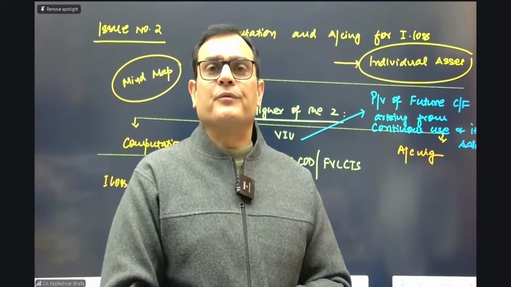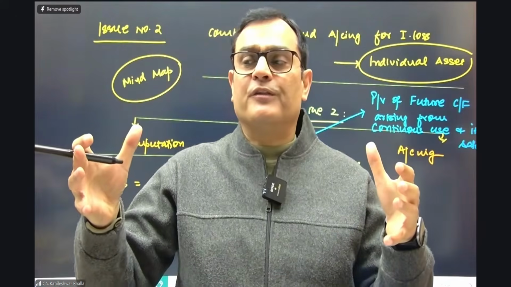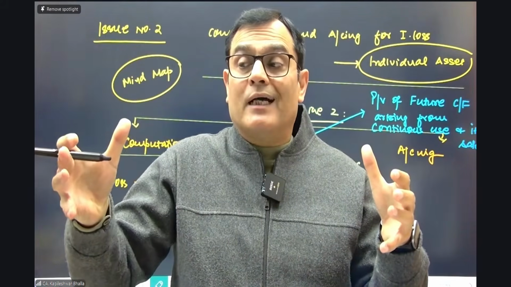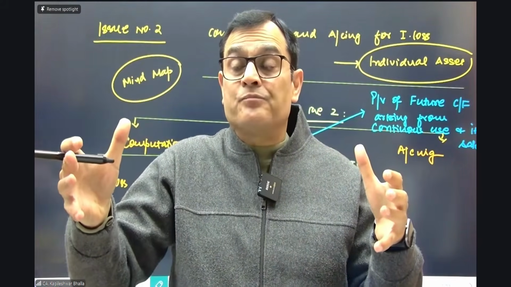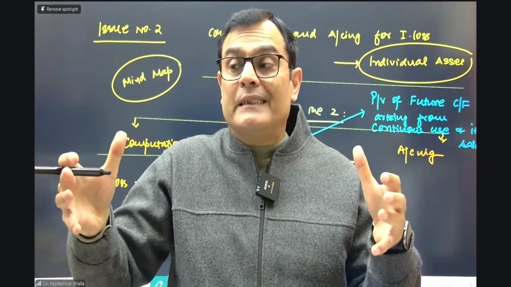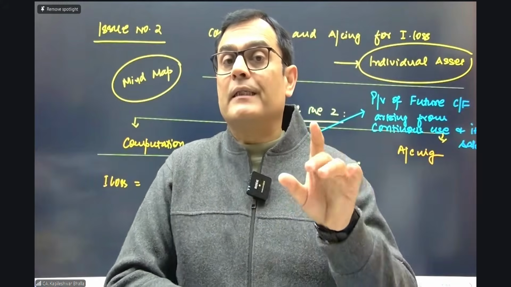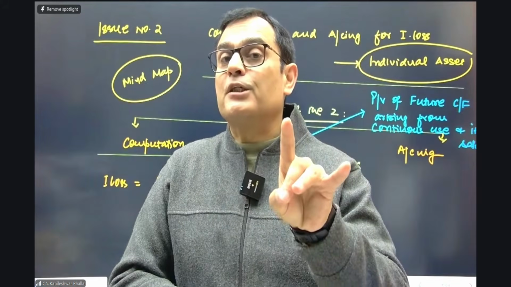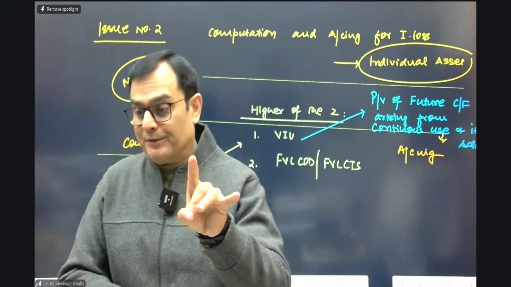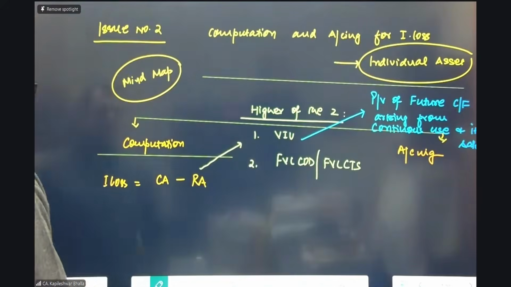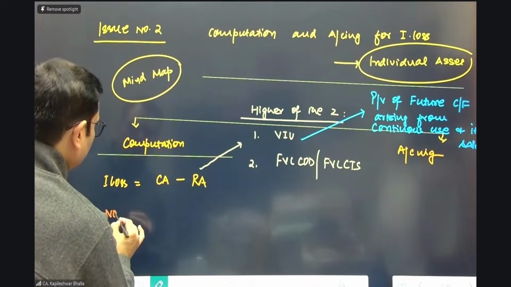The moment you are calculating the recoverable amount, if either the fair value less cost to sell or the VIU, any one of the two elements computed is more than the carrying amount, there cannot be any impairment. There is no need to calculate the second element. And that's right. So I think in this case, let's put a note across.